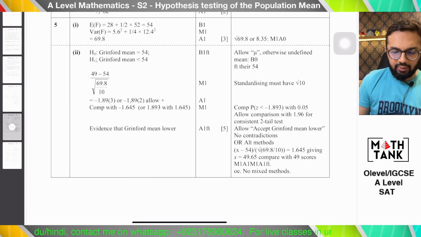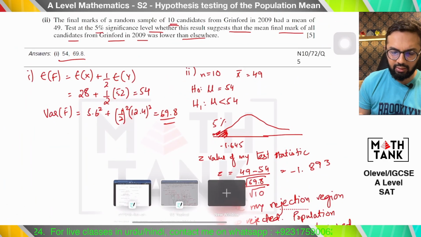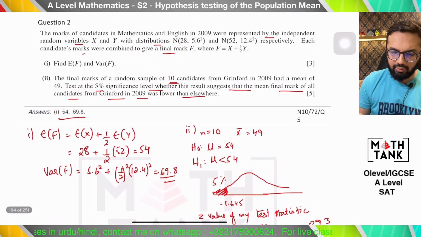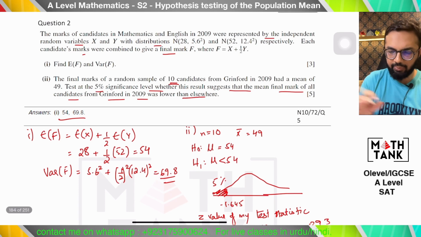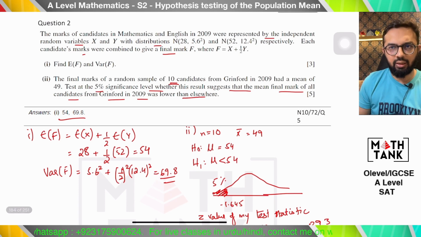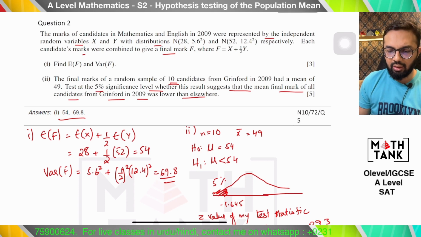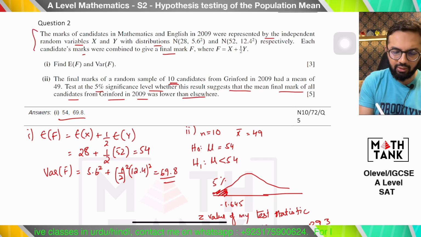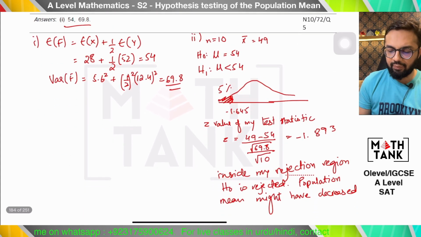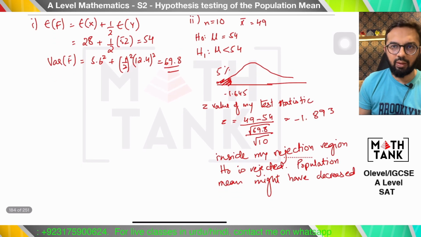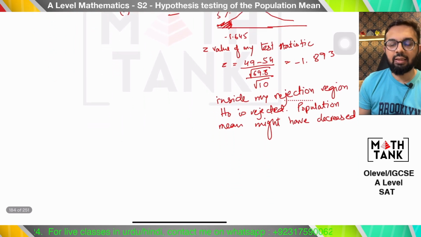Okay, so this just says that Greenford mean is lower. I think the question is missing a little bit of context, since it doesn't say what data I had initially, whether I had data from Greenford or not. But since we've rejected H naught, we've concluded that the population mean has decreased.